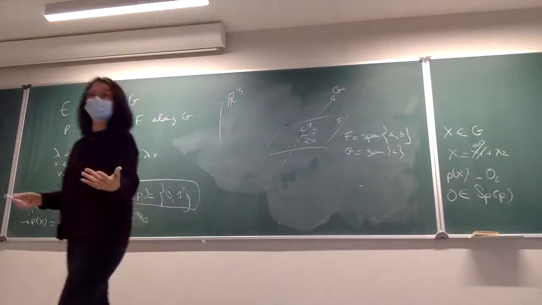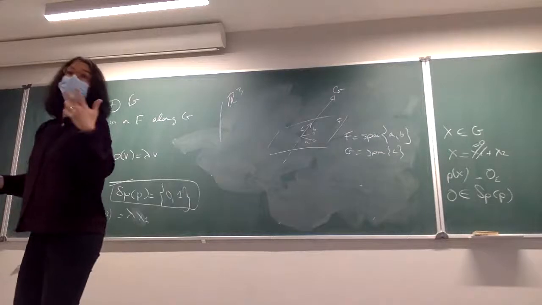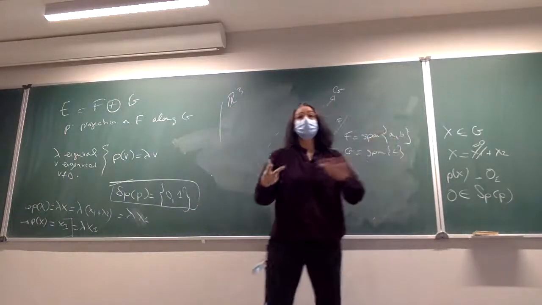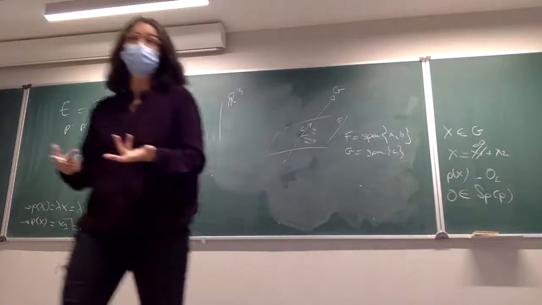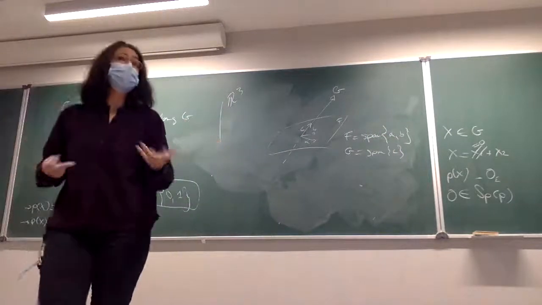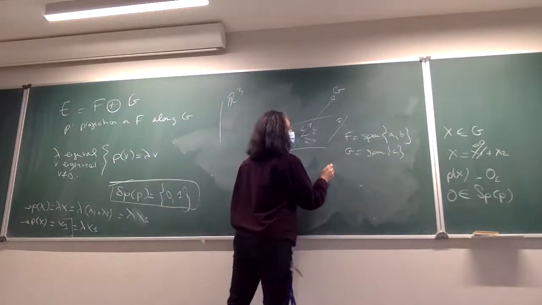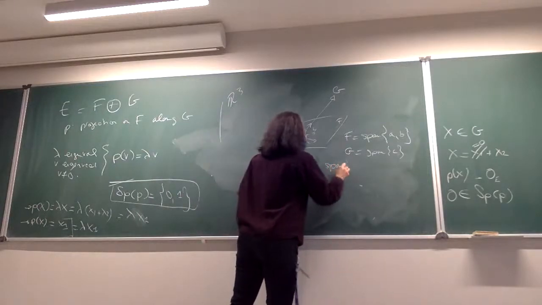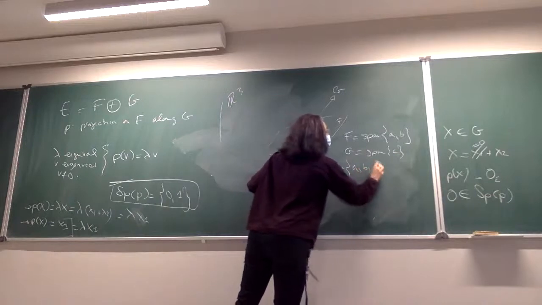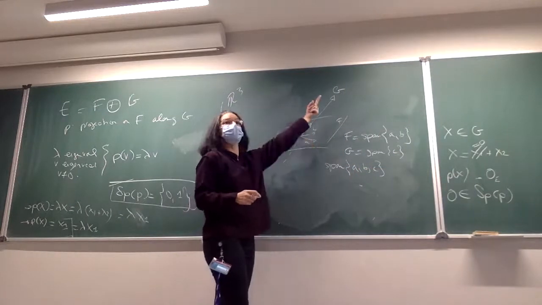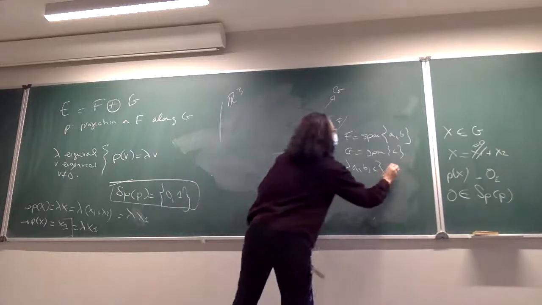Okay, I've got a direct sum. Why? Because I know that if I take A, B, and C, they are going to be 3 linearly independent vectors. I'm in a space of R3, so I know that the whole stuff is spanning R3. Okay, so I have that. If I concatenate my 2 bases, so AB is the basis of F, C is the basis of G, I've got R3.